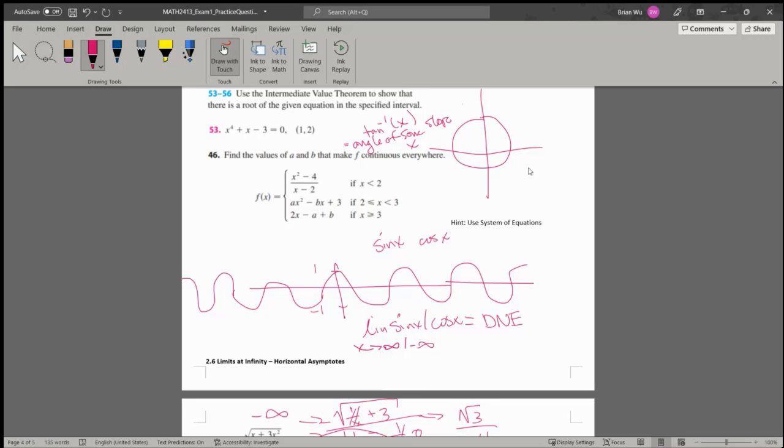So if we increase our slope, which means it's getting steeper, let's say x is a really big slope, or infinity, it's basically going to be a straight line because it's going to be so steep.